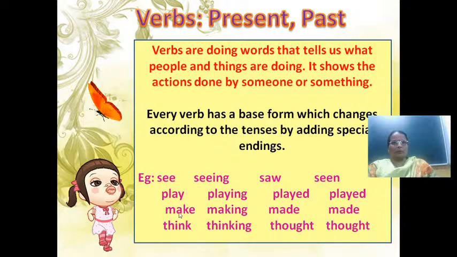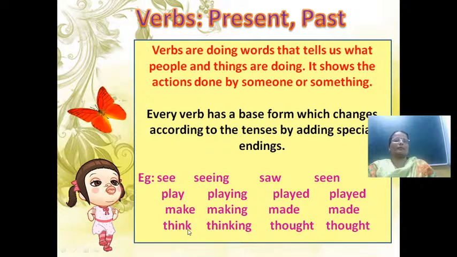In the same way, you can see the base form is make, and we have omitted the e at the end and added ing and made the word making, and in past tense it is totally changed, made, and past participle again made.